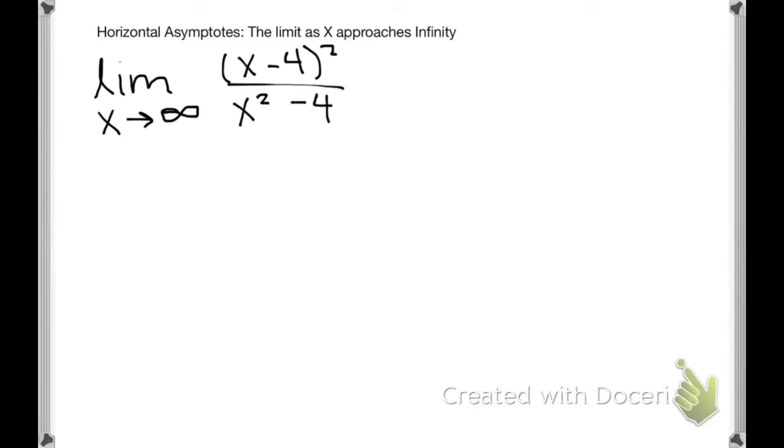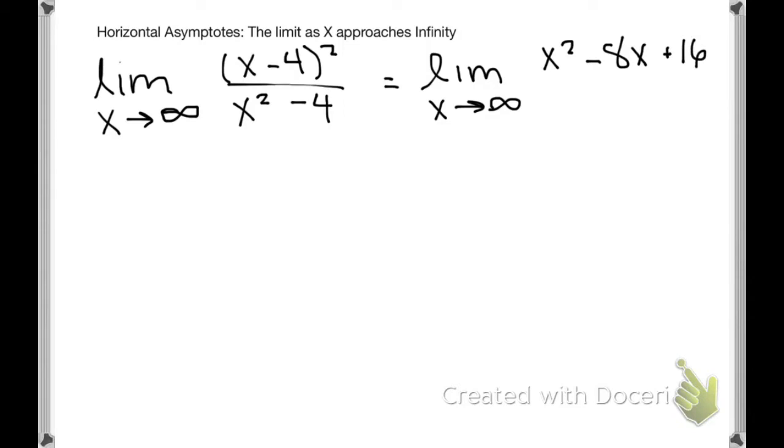Now when we multiply out our (x minus 4) squared, we get the limit as x approaches infinity of x squared minus 8x plus 16 all over our denominator, which is x squared minus 4.